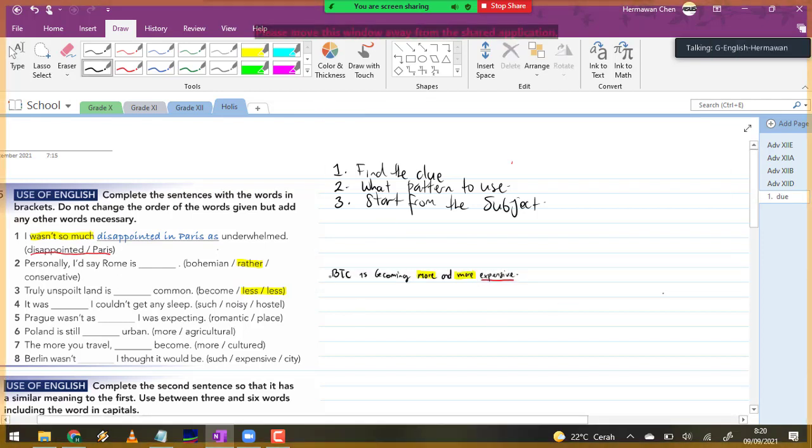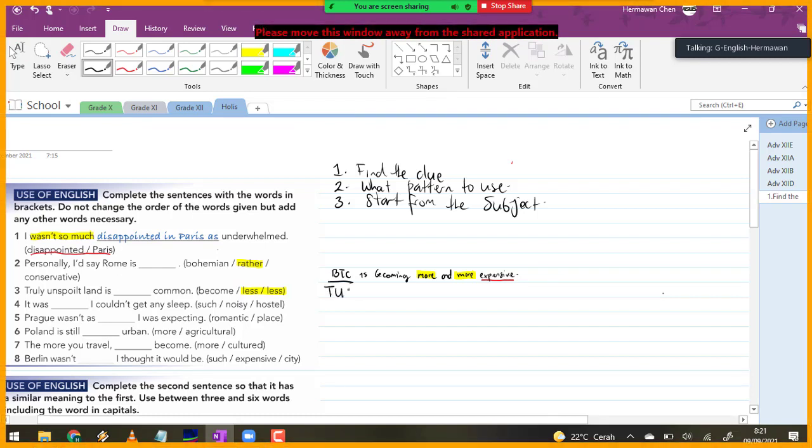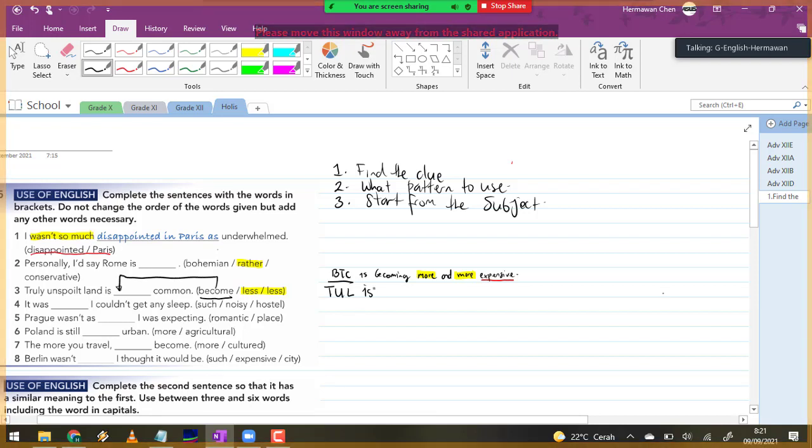Have a look. Bitcoin is the subject. Here it becomes truly unspoiled land. That's the subject. Right after that, the verb is, and then become is in the blank. You have to put it here, but you cannot just put "is become." Yeah, the tense is wrong. Okay, it should be "is becoming."